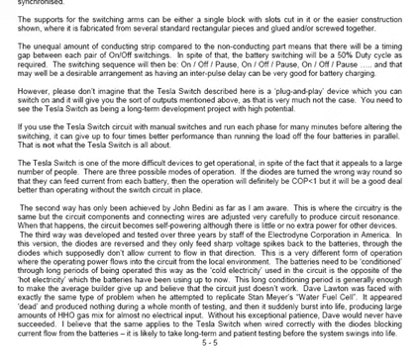The third way was developed and tested over 3 years by the staff of the Electrodyne Corporation in America. In this version, the diodes are reversed and they only feed sharp voltage spikes back to the batteries through the diodes, which supposedly don't allow current to flow in that direction.